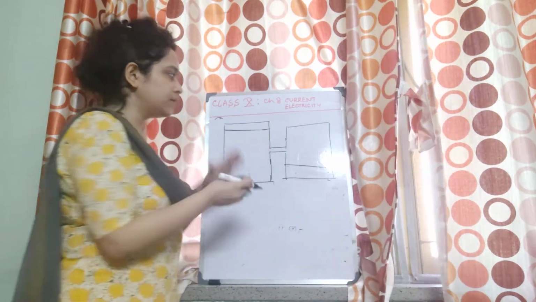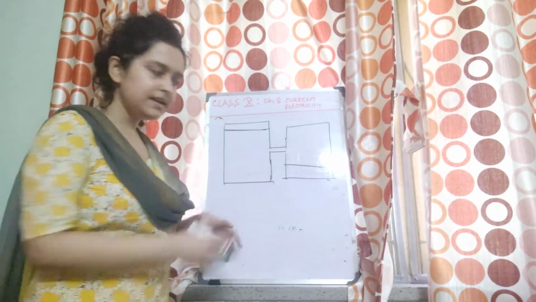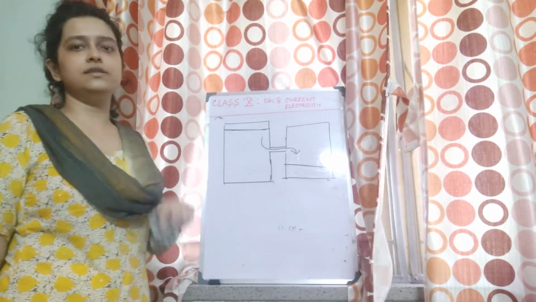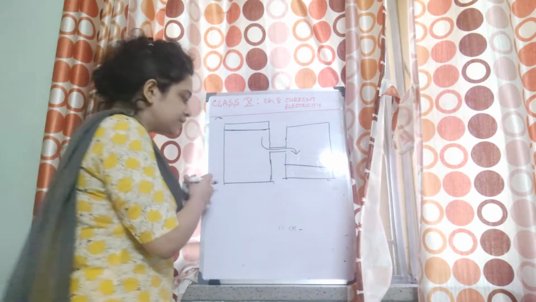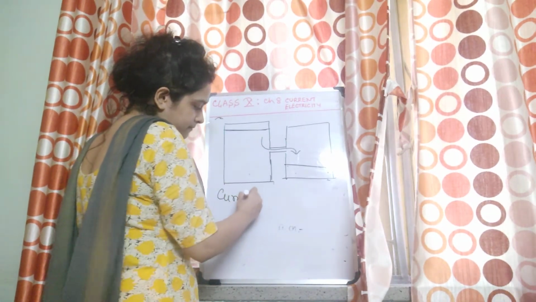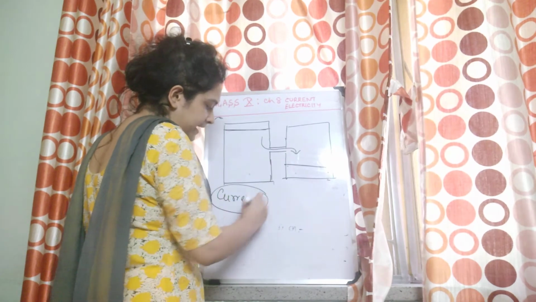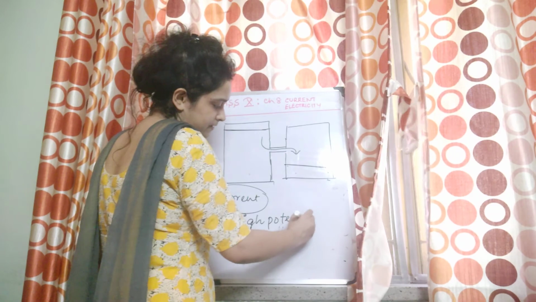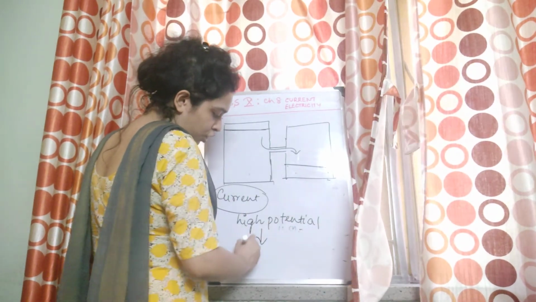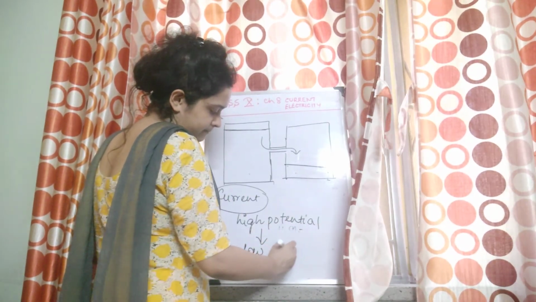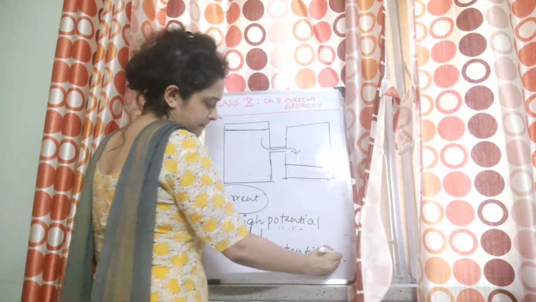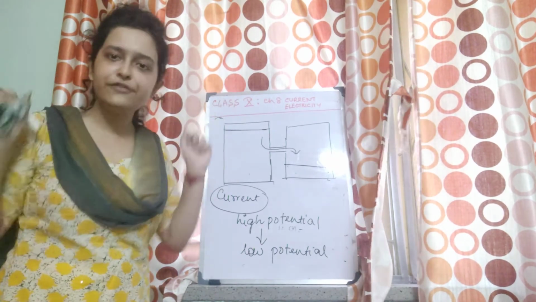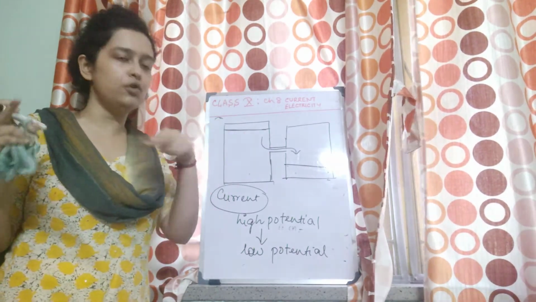From the higher level of the water to the lower level, obviously. This will be the flow of water. This is analogous to the flow of current. The flow of current will be from higher potential to low potential. Therefore, we need to have the potential difference between 2 points, otherwise current won't flow.